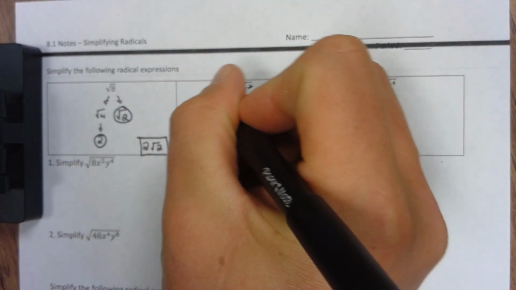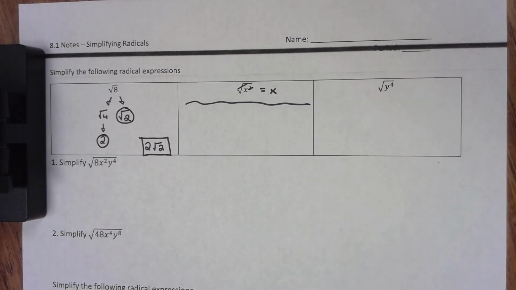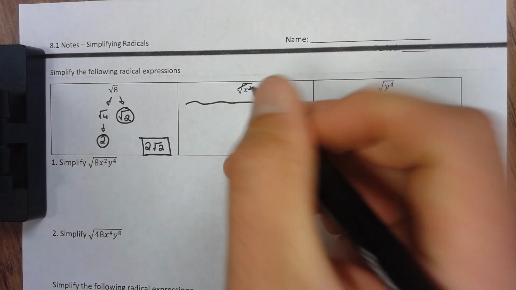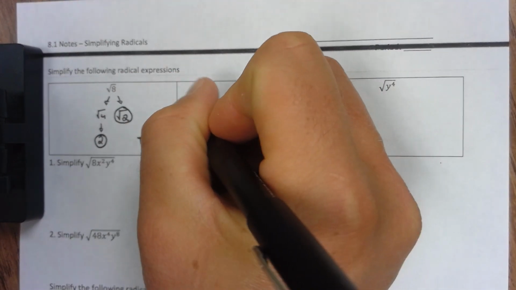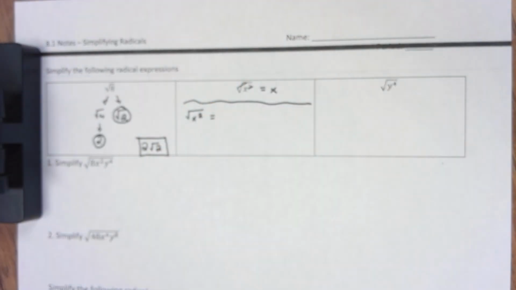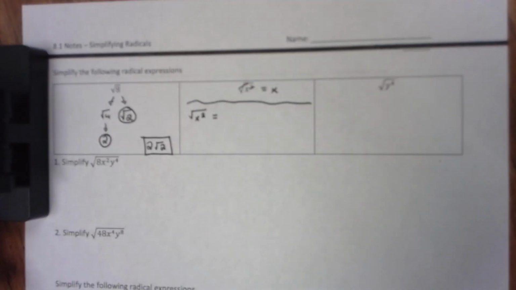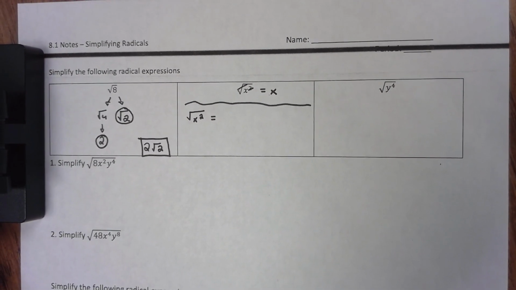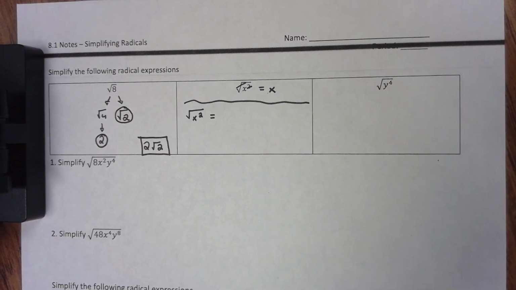There's a couple other ways that I want to show us how we can get to this, because it'll make more sense for some of the other ones that might be a little more confusing. So let's take another approach here, and say we want to simplify the square root of x squared. Well, I shared a property with you all back with our log unit that if we're taking the root of something that has an exponent, remember, all roots have a fractional exponent.